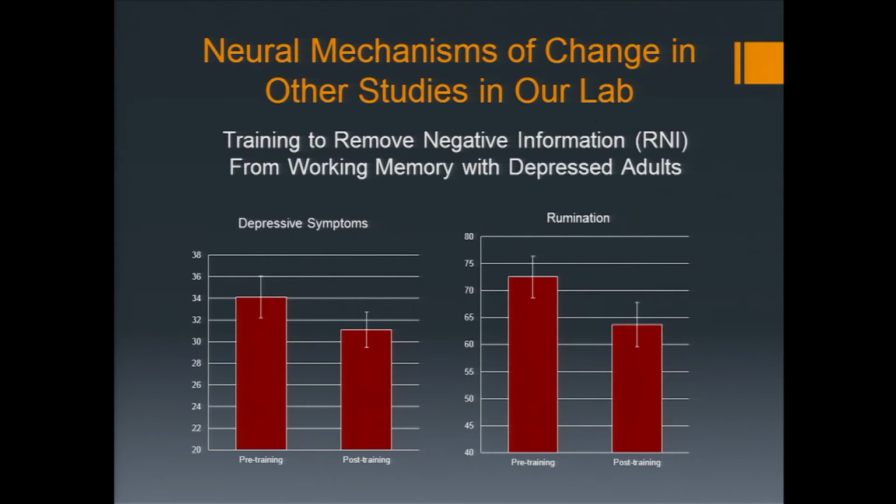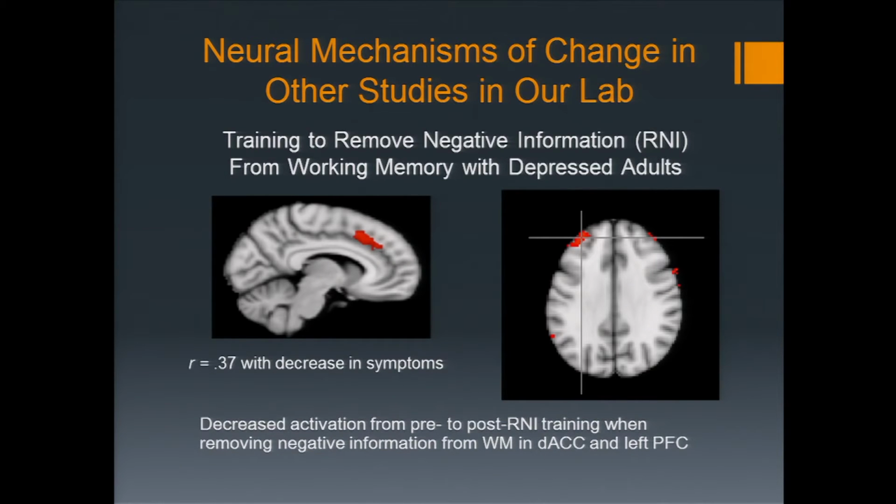We have a study with depressed adults where we're training them to remove negative information from working memory. That training is reducing depressive symptoms. It's actually, as we would expect, reducing rumination. It's also, though, showing an effect on dorsal ACC.